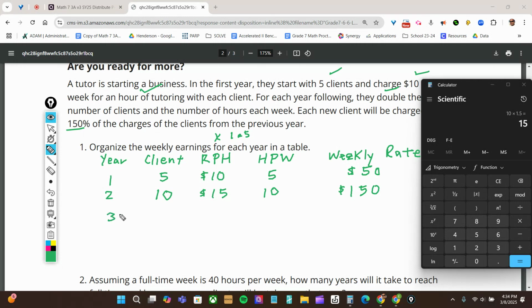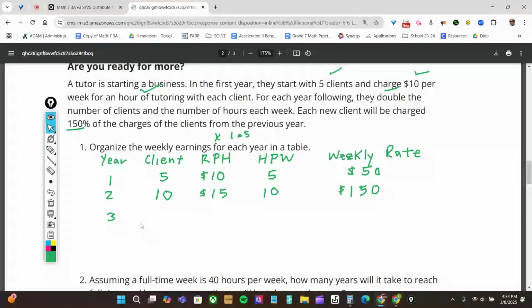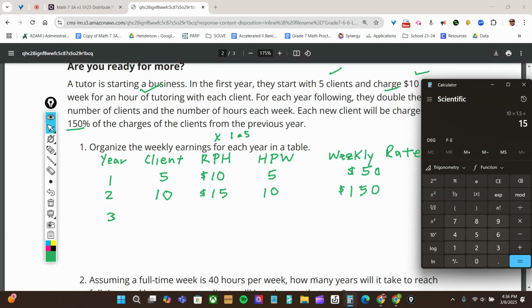All right, so 3, pause for a second. All right, where were we? Okay, I think we're on year 3. So year 3, double, so 20, and 15 times 1.5.